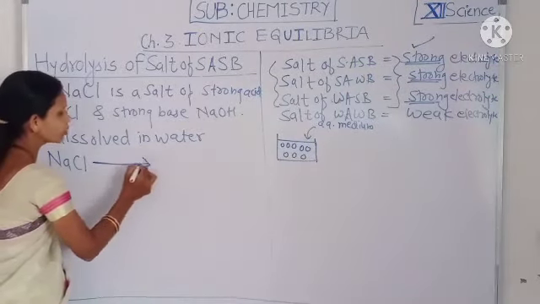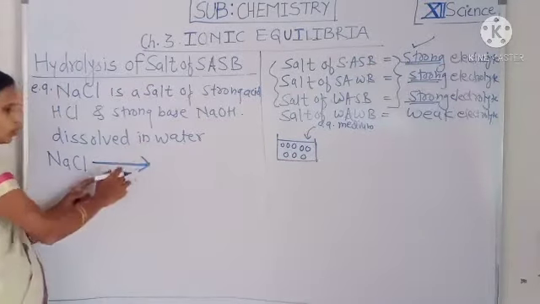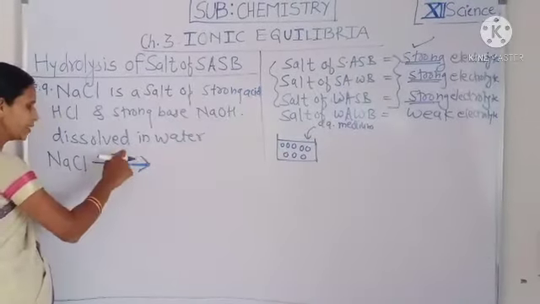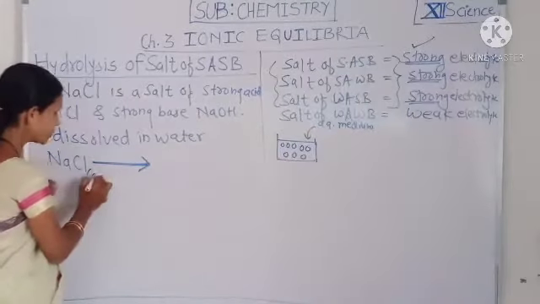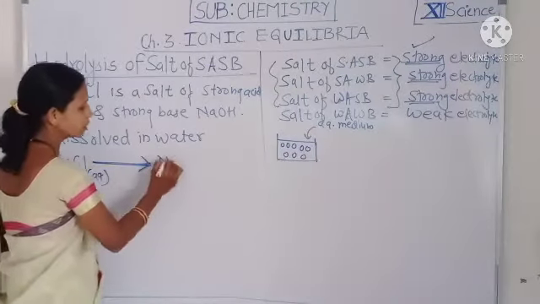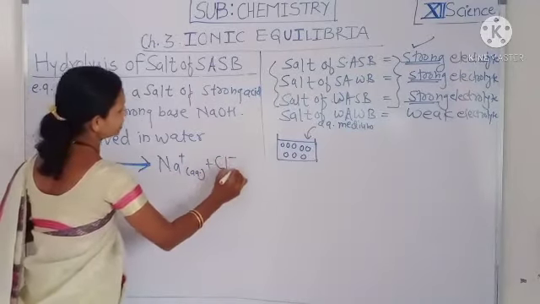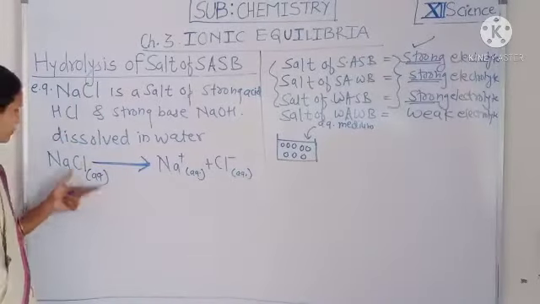For complete dissociation, a full arrow is used here. That arrow indicates that NaCl, when dissolved in aqueous medium, dissociates into Na plus and Cl minus ions.